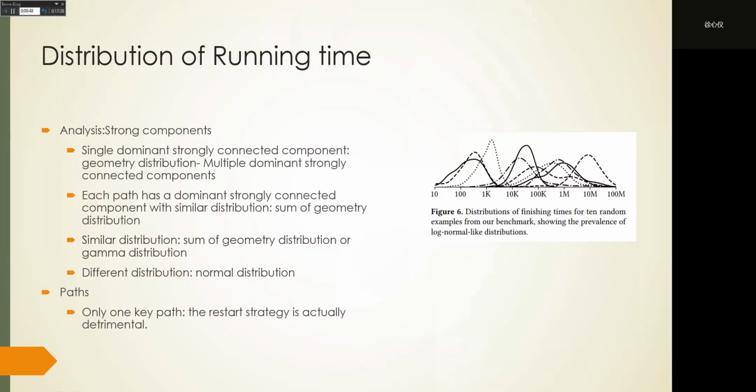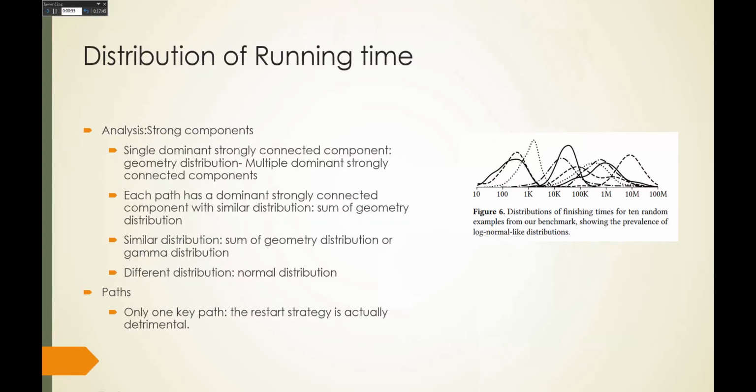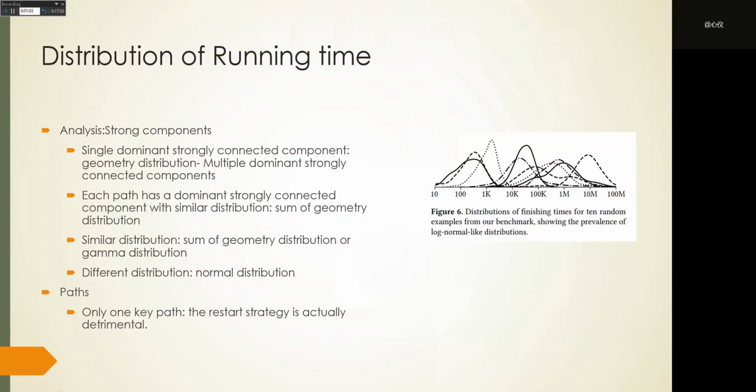And in a geometric distribution with a high beta, restart strategy is not optimal.